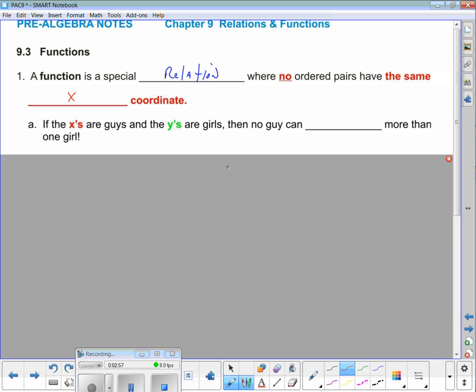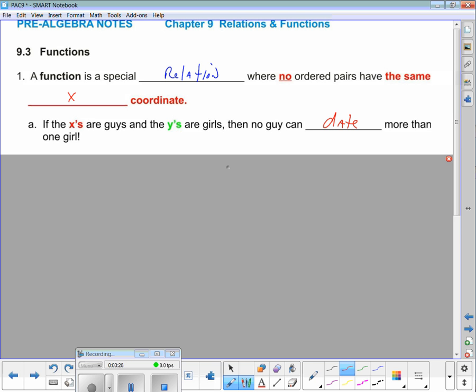If the x's are guys and the y's are girls, by saying no ordered pair can have the same guy, we're basically saying that no guy, are you ready, can date more than one girl. No guy can date more than one girl. Right? Can't have that x guy listed more than once.